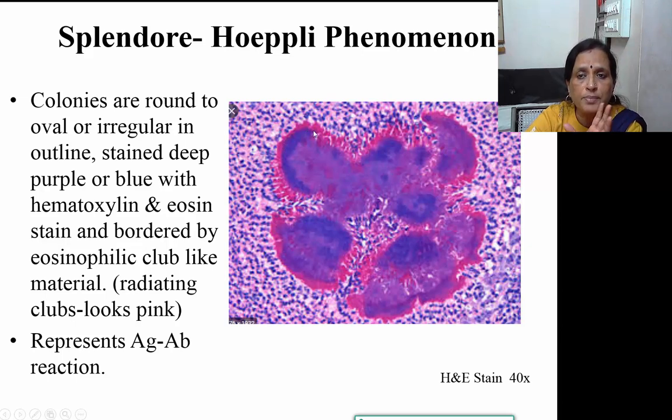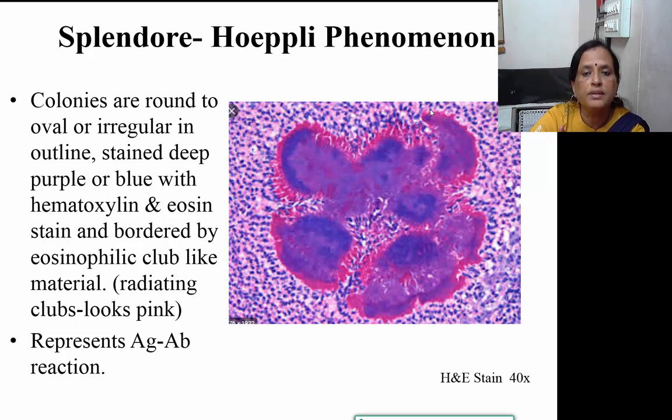So this is called as Splendore-Hoeppli material. This is supposed to be the antigen-antibody reaction or the complex. So these are the radiating clubs, which are pinkish in color. So this is called as Splendore-Hoeppli phenomenon or the material. Please remember this, Splendore-Hoeppli material or Splendore-Hoeppli phenomenon.